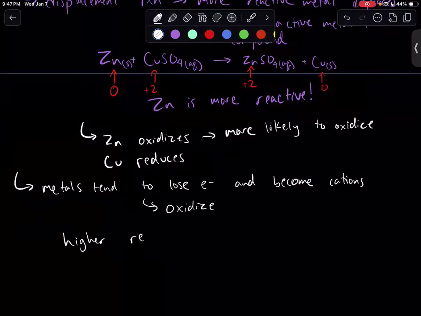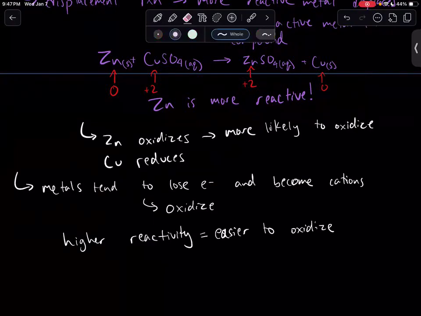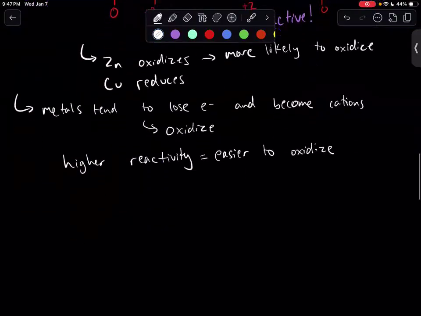So higher reactivity means easier to oxidize. And so we can see that zinc is more reactive because it is oxidizing in a copper solution.